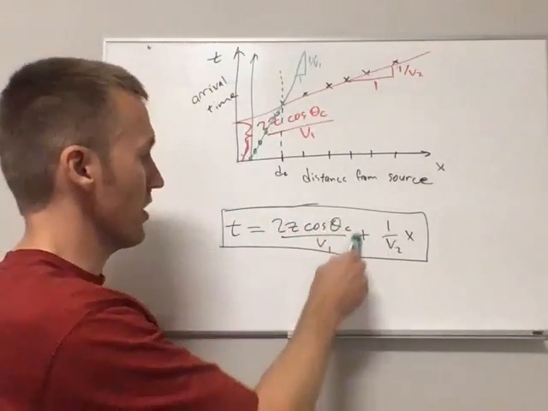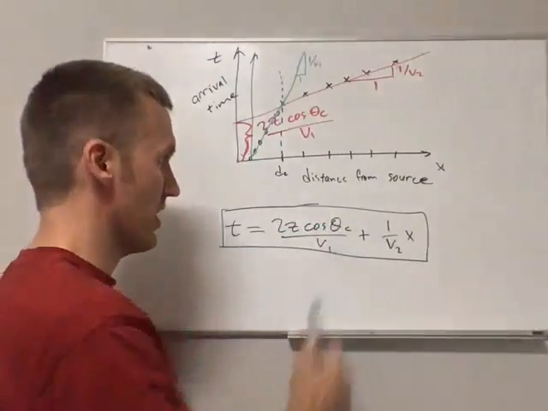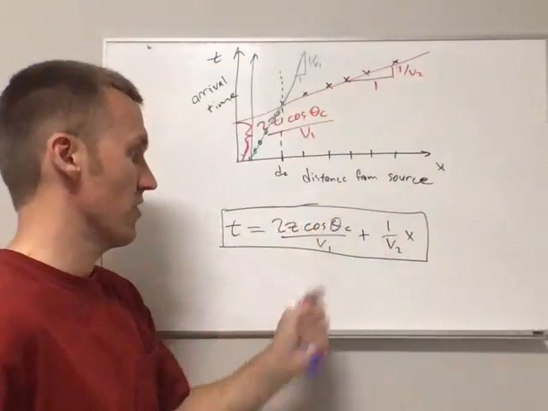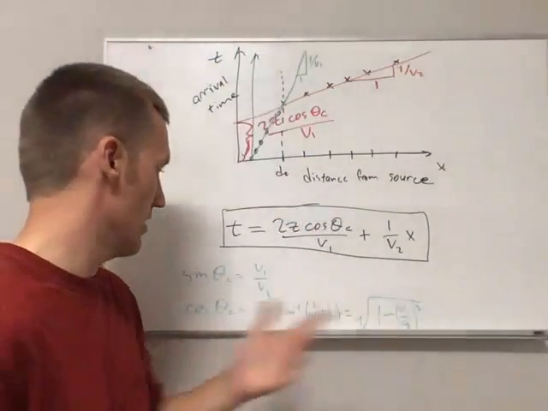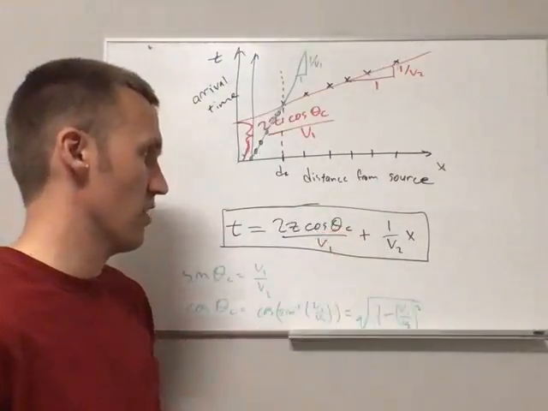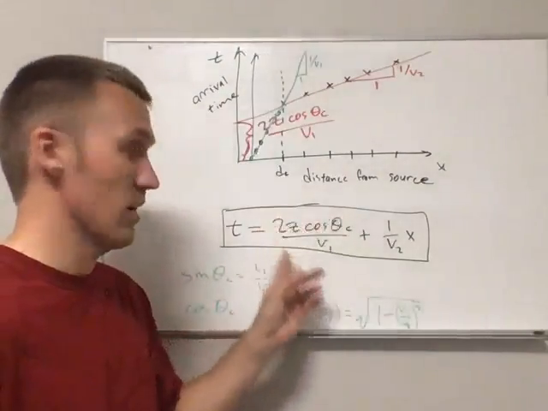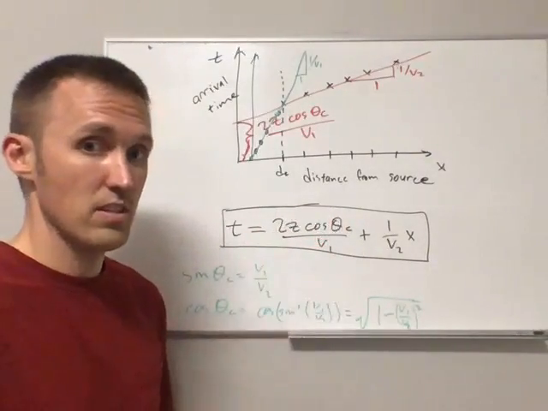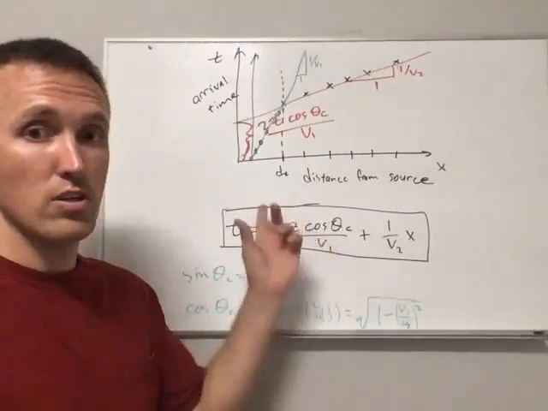For this intercept term, we can work out what the depth to that interface is, because we know what theta c should be given v1 and v2, and then of course we know what v1 is. Alright, so we know what theta c is. We could substitute this into here if we wanted. Either way, we know everything about this intercept except for the depth to the interface. And so we can solve for what that is, given this intercept value that we measure, using the two lines that we've fit.